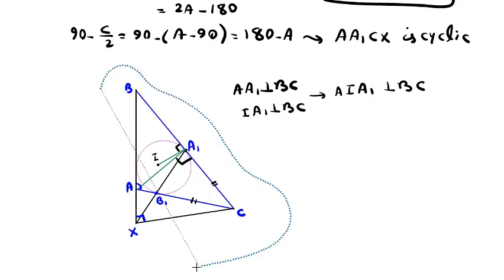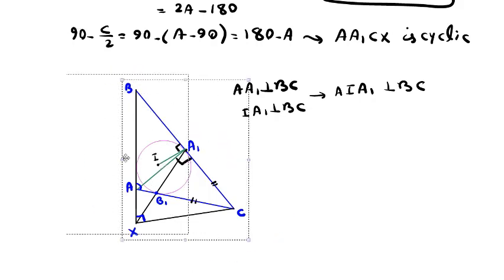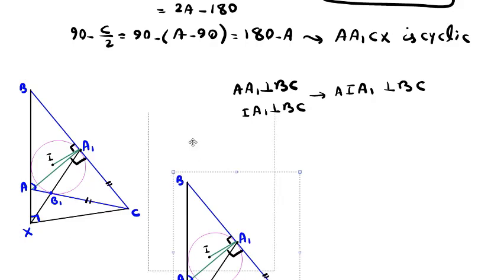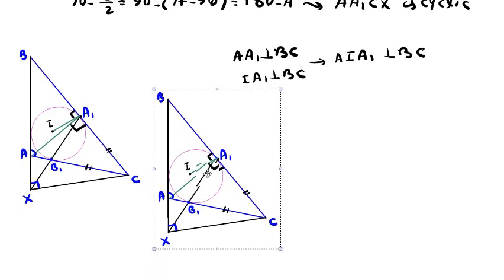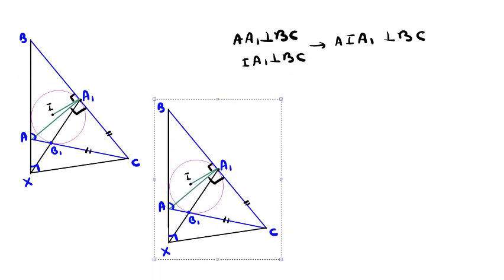Now, if we draw the correct figure, let's consider the new figure here. This point is I. This is an altitude and also an internal angle bisector. So easily we can prove these two triangles are congruent, and this is an isosceles triangle.